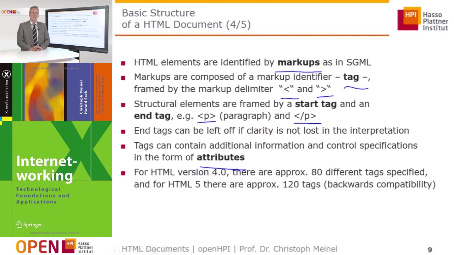If we look at one of the recent HTML versions, version 4.0, there are approximately 80 different tags specified. And if we look at the successor, HTML version 5, then the number of such tags was increased a lot. So there are approximately 120 tags, but it is backward compatible.